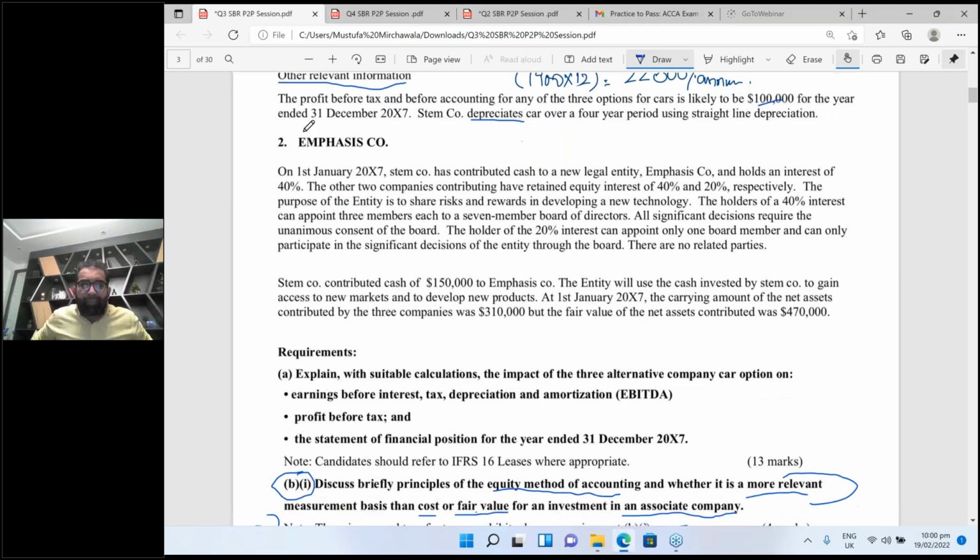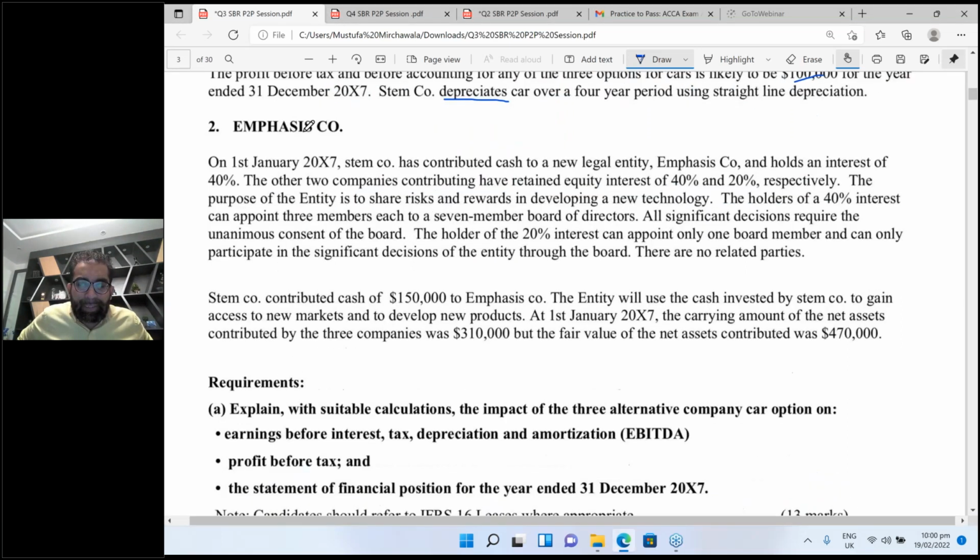First of all, there is a standard, IFRS 11 Joint Arrangements. Joint arrangement applies first when you have joint control, when the investors have joint control. Joint control means unanimous consent. For example, if there are three people and they claim joint control, we need a yes from all three of them to change anything, to implement any significant decision.